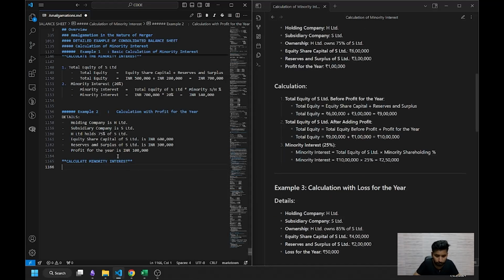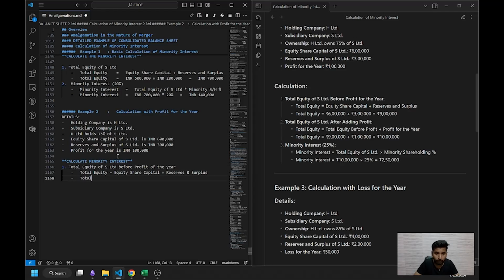Now here, again, the first point is the total equity of S Limited before profit of the year. So total equity is equal to equity share capital plus reserves and surplus.